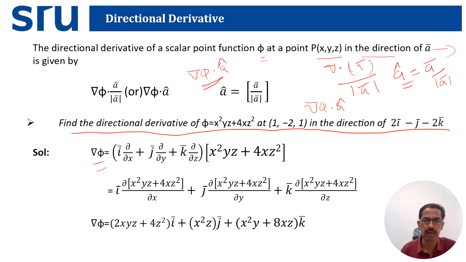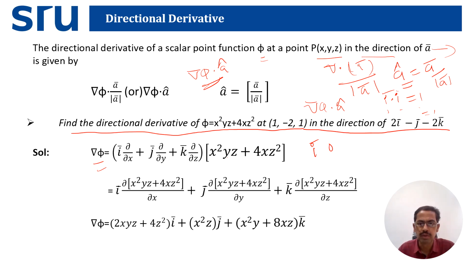You know, i bar dot i bar is 1, j bar dot j bar is 1, k bar dot k bar is also 1. Now del phi: phi is the scalar point function x squared yz plus 4xz squared.